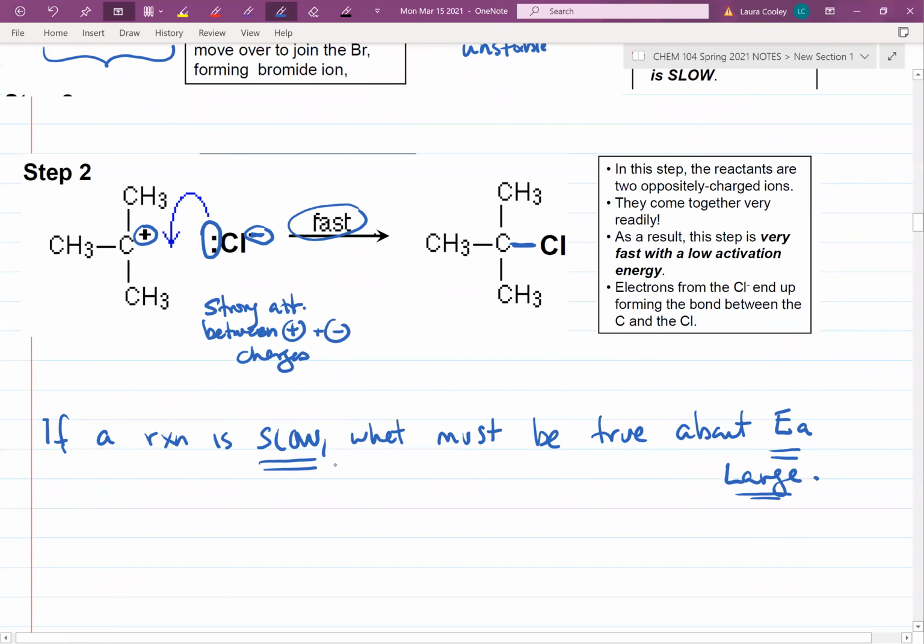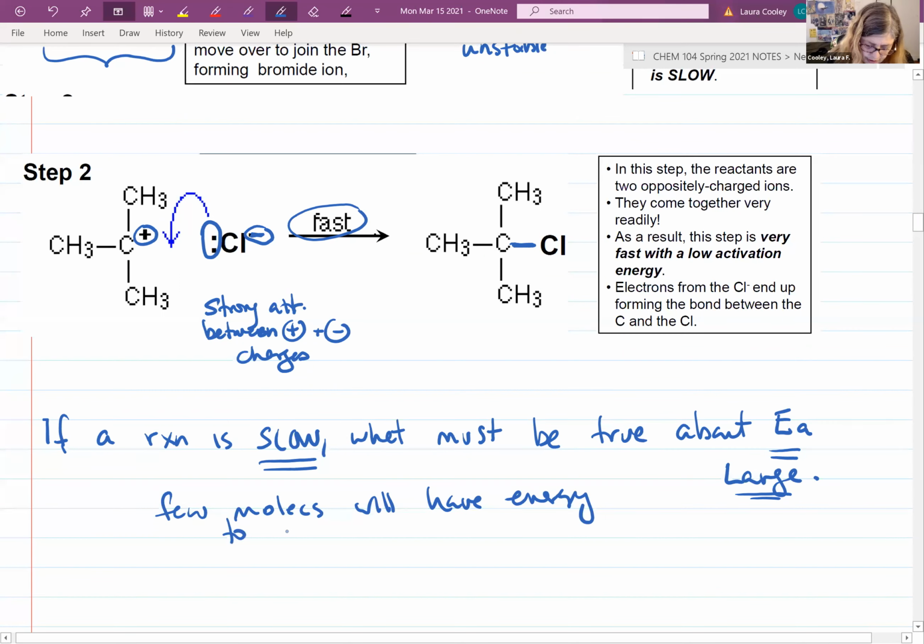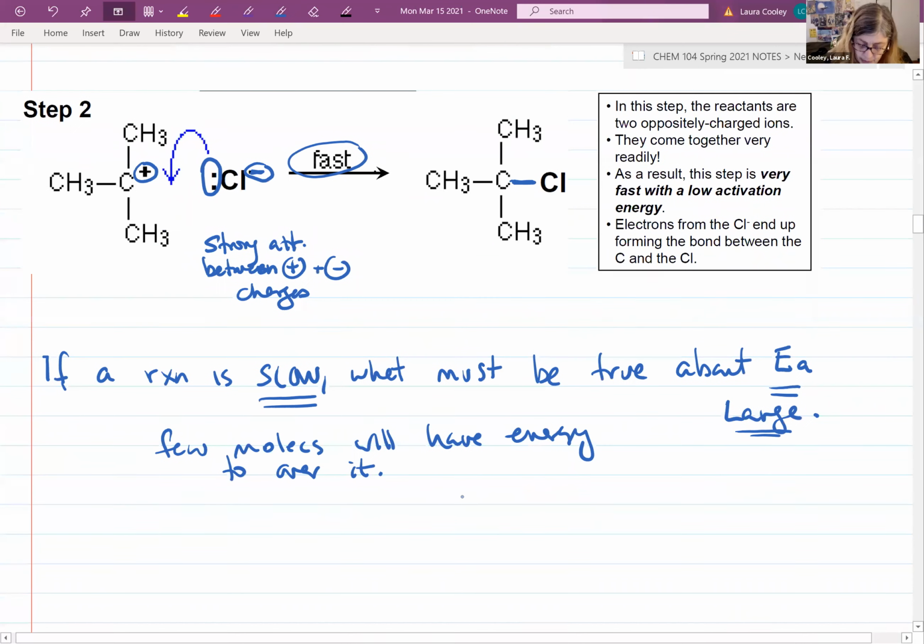So in other words, very few molecules will have the energy to go over it. So a lot of those collisions will be unsuccessful. They will go right back where they started from. Just a small fraction of collisions, this e to the minus Ea over RT.